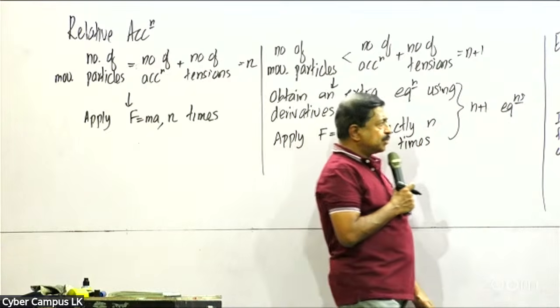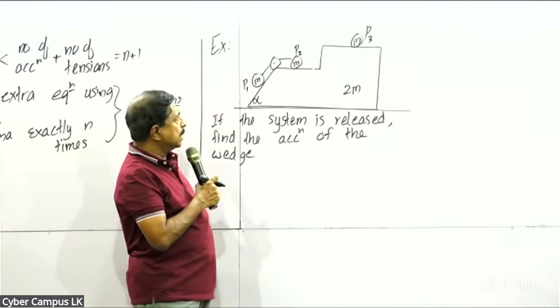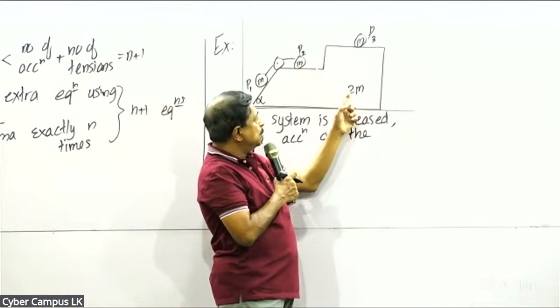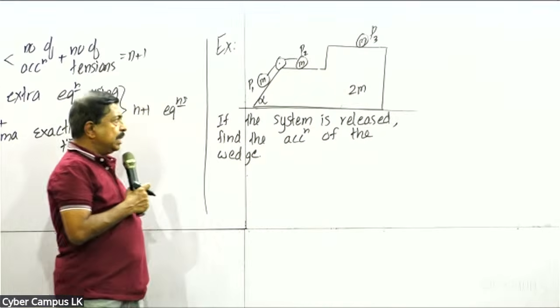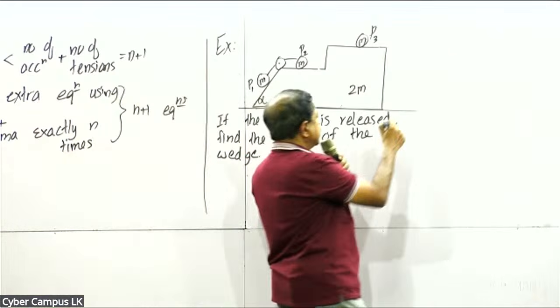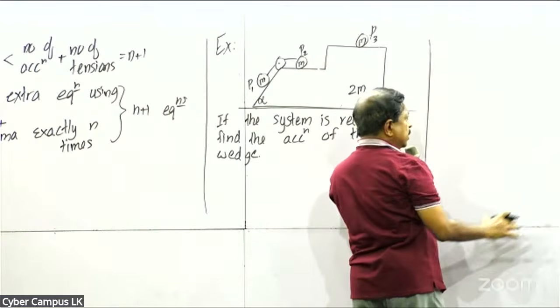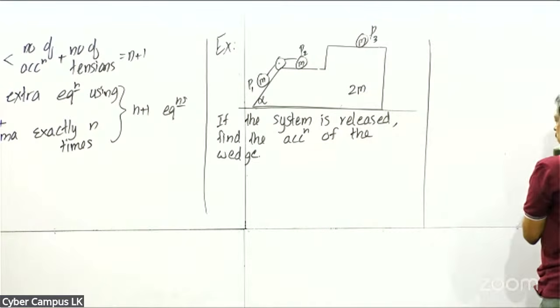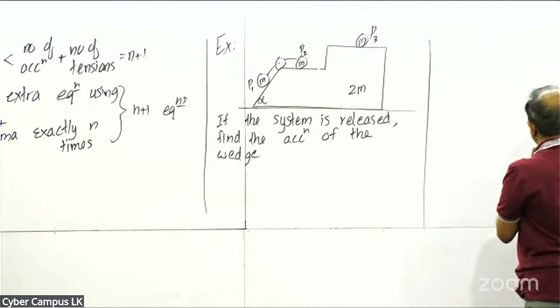Okay, we'll take this problem. Now, usually these problems are a little complicated. Here you have four objects, one, two, three, four. This is a pulley. So we'll first mark the accelerations. Since we need to capture everything, I'll draw the diagram somewhere here.